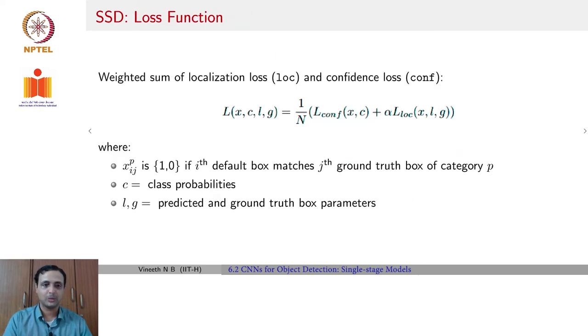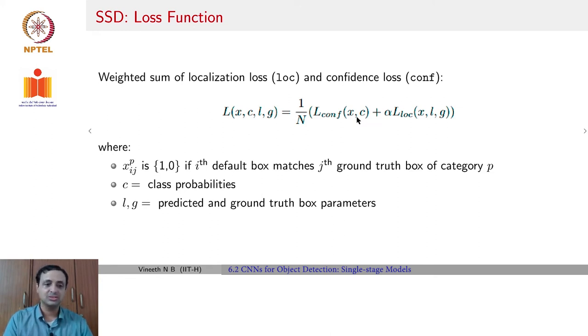What is the loss function you use here? Very similar to the loss functions we have seen so far. SSD implements a localization loss function and a confidence loss function. The confidence loss function compares the confidences of x and c. c are the predicted class probabilities and x's are the ground truth.